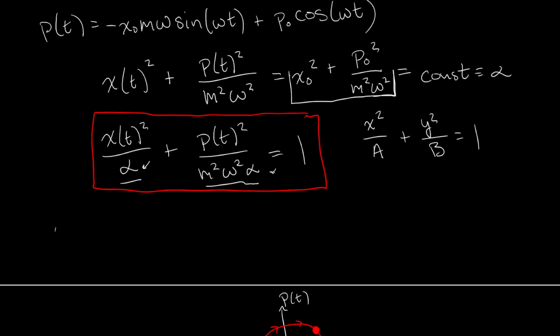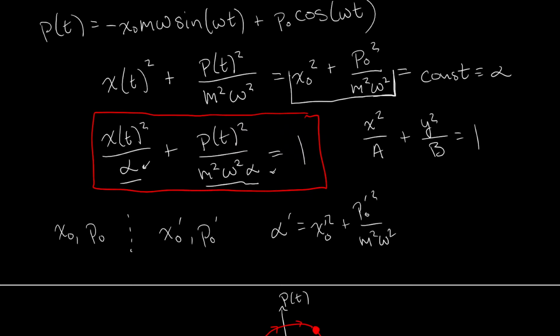I'll say I have one system which is x0, p0, and then I have another system which is x0 prime, p0 prime. So I'll say alpha prime is x0 prime squared plus p0 prime squared over m squared omega squared.